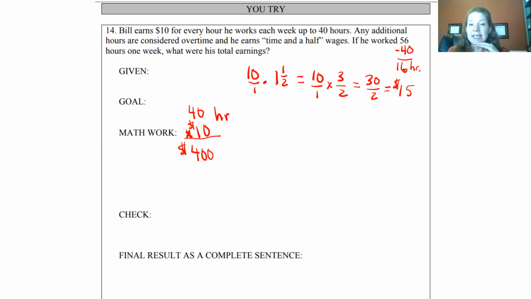So for 16 hours, he made $15 per hour. We could longhand that, but I got my calculator, so I'm going to multiply 16 times 15. He made $240 for those 16 hours.